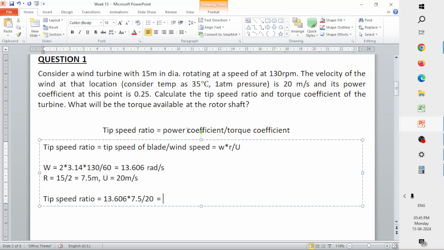Over there they have given it in rotations per minute, but we are supposed to convert that to radians per second. So that's why we do this extra step. If the value is given to you in radians per second, then you can just substitute that value in your tip speed ratio formula.